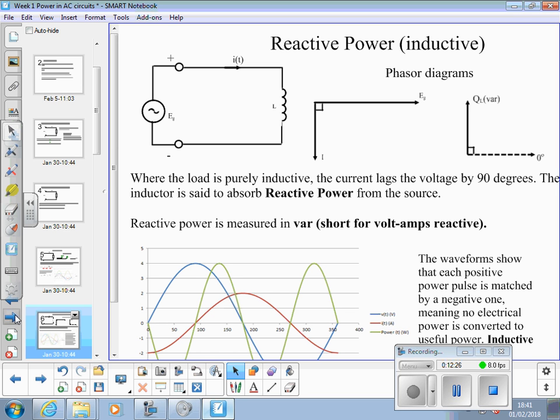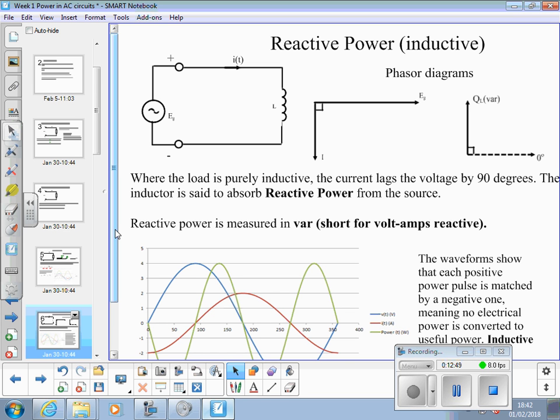Right, now we come to start to think about something that's a little bit more tricky. Reactive power, inductive. So, we'll look at a circuit that's not possible for us to get precisely in real life, but one that's got purely inductance, no resistance, no capacitance.